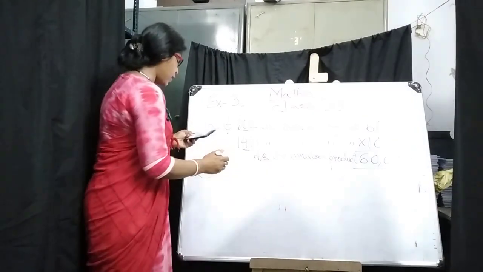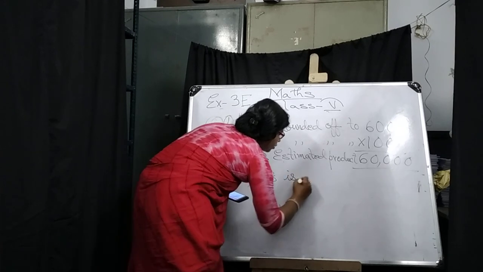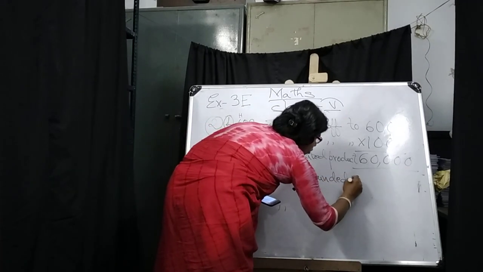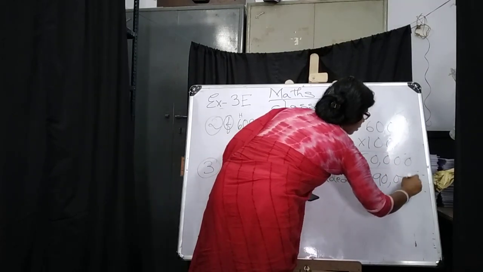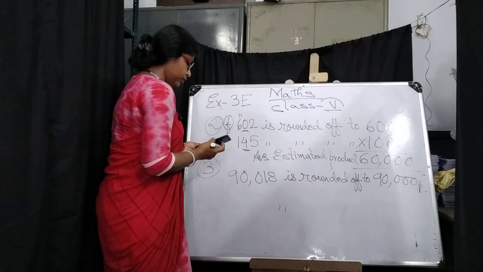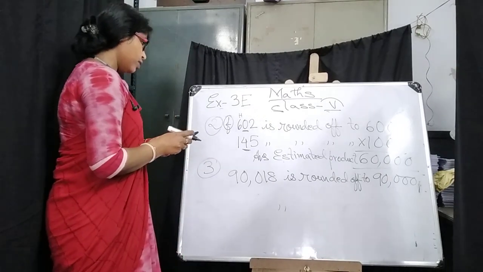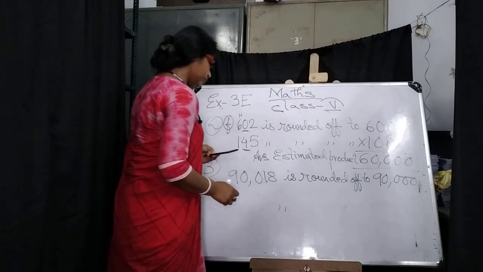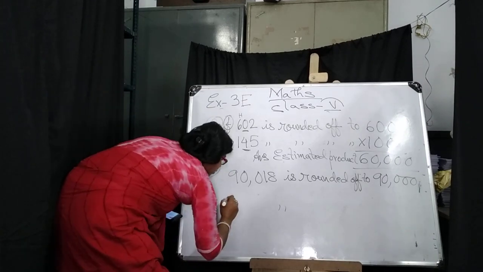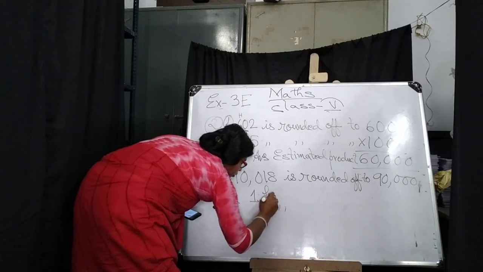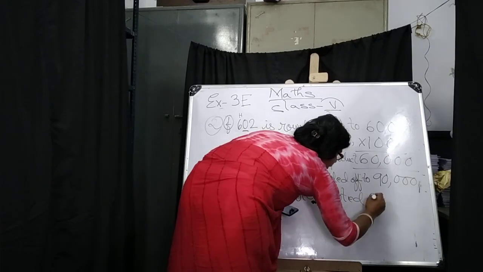First we will do the sum. 90,018 is rounded off to 90,000, and therefore in 1 hour voters voted 90,000.